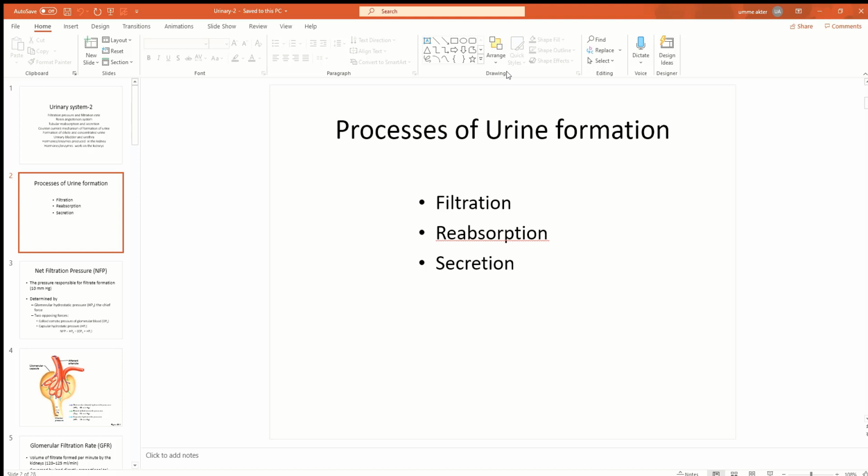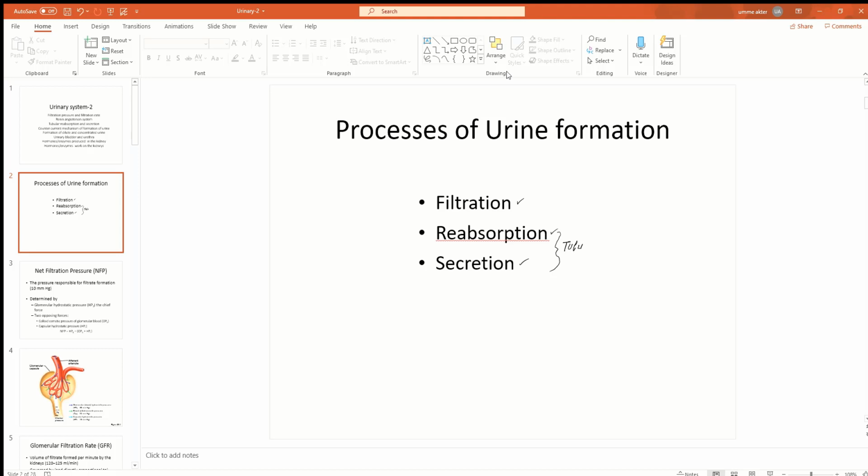Okay, so in last class I talked about the three processes that cause the formation of urine. First process is the filtration, then reabsorption and secretion occur. These two occur inside the tubule.